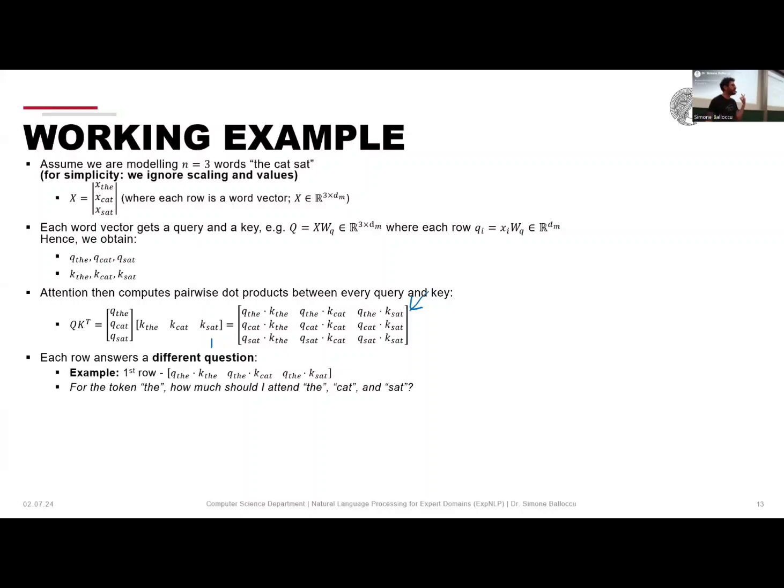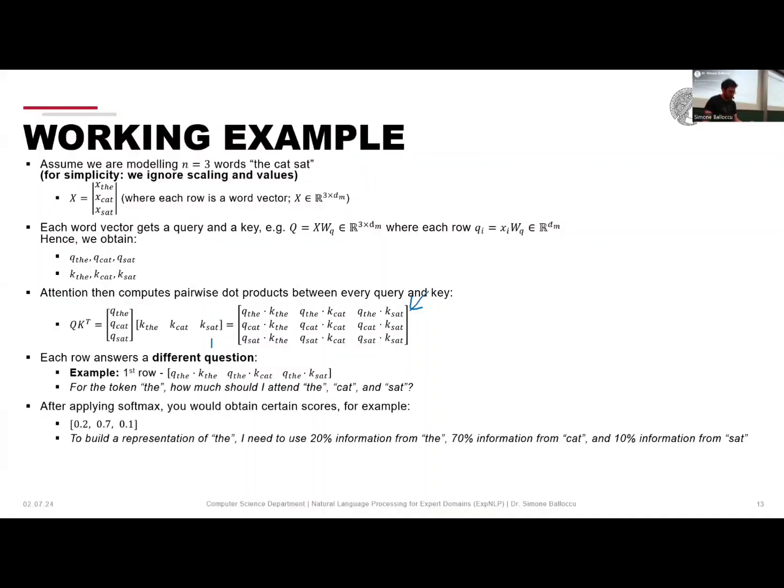So how important is "the" itself, "cat" or "sat" to model properly the word "the". And we're going to apply some softmax. So we're going to obtain, for example, 0.2, 0.7, 0.1, completely made up numbers. This means that to build the representation of "the", I need to take 20% information from "the", 70% information from "cat", and 10% information from "sat", because maybe in the context of this text, "cat" is very important.